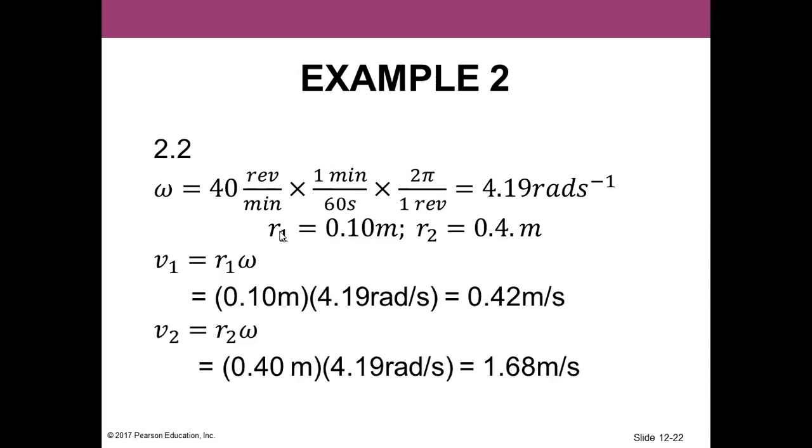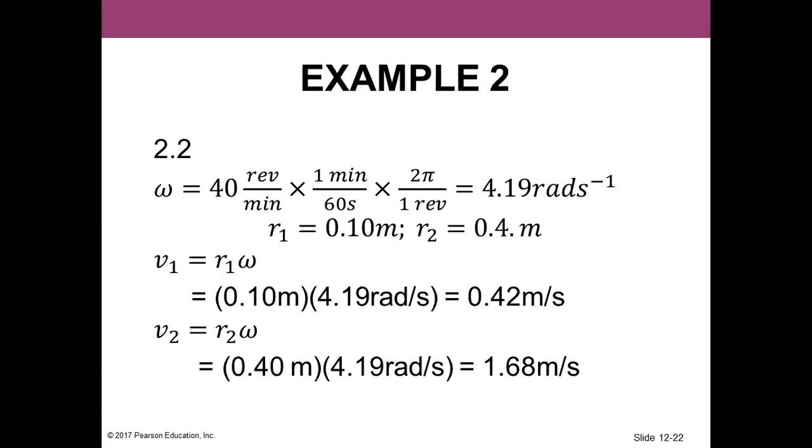Okay, so the radius of the first ball is of course going to be 0.10 meters. How do we get it? Because it is going to rotate around the center of mass, which forms a radius. From the center of the first object to the center of mass, the radius is 0.1.